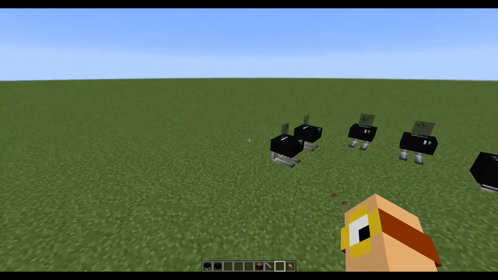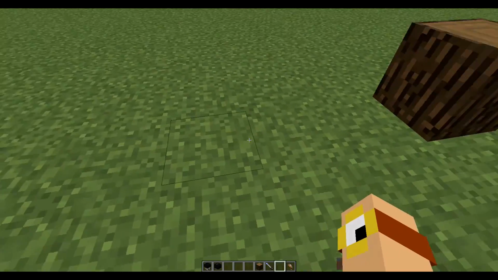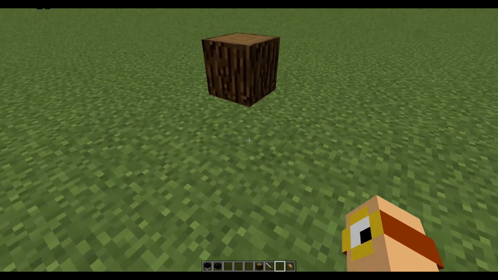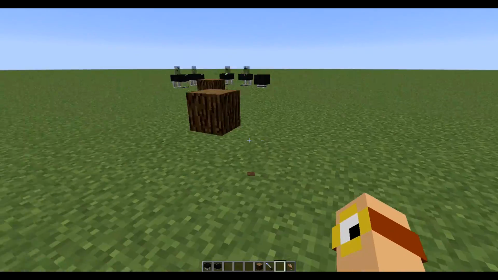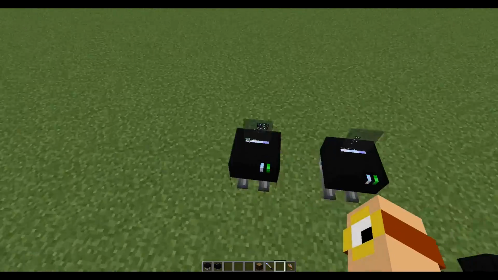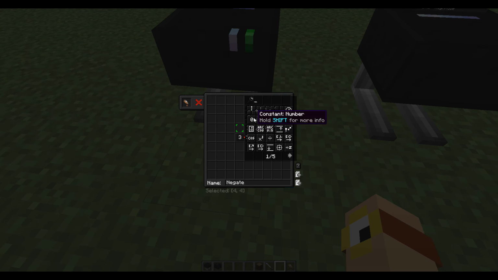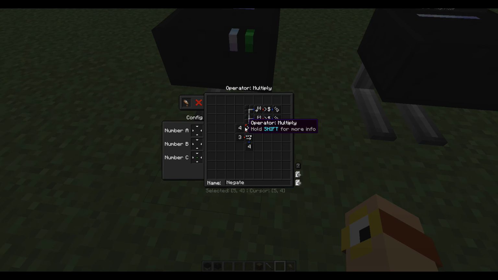It's that simple. What it's doing is it gives you a vector that's the same magnitude, so the same distance, going the exact opposite direction. So over here instead of over here, for example. Also, this same spell I'll use to show off vector multiply, which is pretty simple as you might imagine.